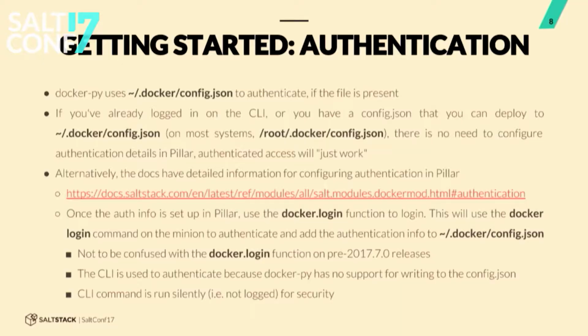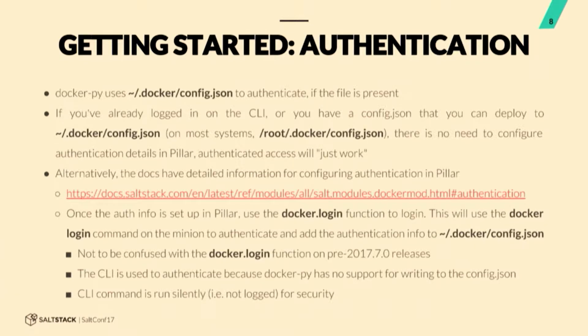If you are configuring authentication using Pillar, you can then use a function called docker.login. If you're using 2016.11, it would be docker_ng.login. Obviously, there is a login function in the legacy module, but it doesn't do the same thing, so it's important to keep that in mind if you're not yet on 2017.7.